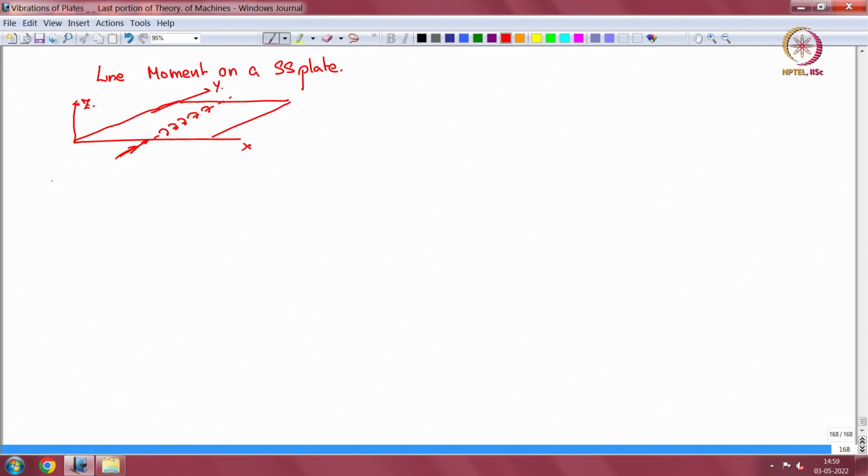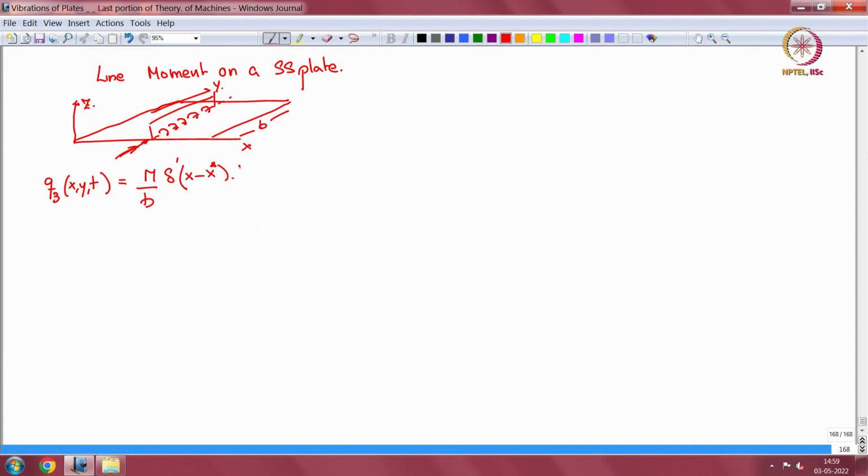So this is pretty straightforward. If the total moment is m, then I can have m divided by b, if this length is b, then I have delta dash x minus x star.